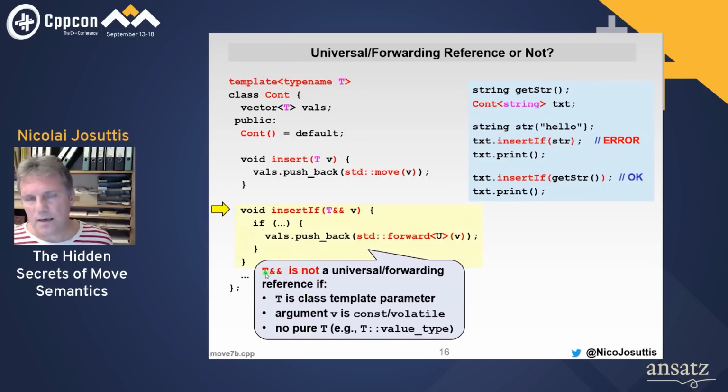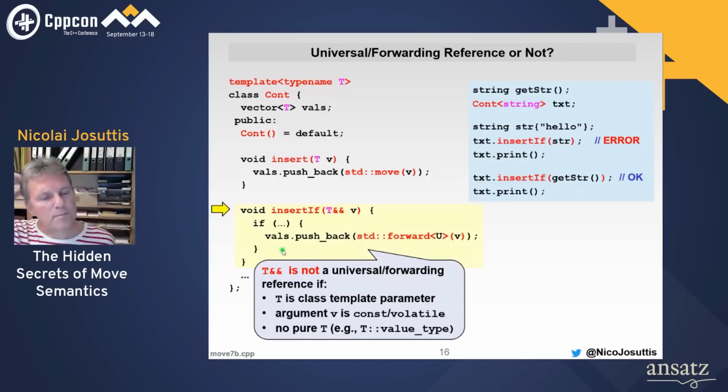So here's one condition. It's not enough that T is a template parameter. This T must be a template parameter of this function. So here we have a template parameter on top, which belongs to the class. That does not make this a universal reference. This function does not fall under the rules of function templates. It's what we call a temploid.